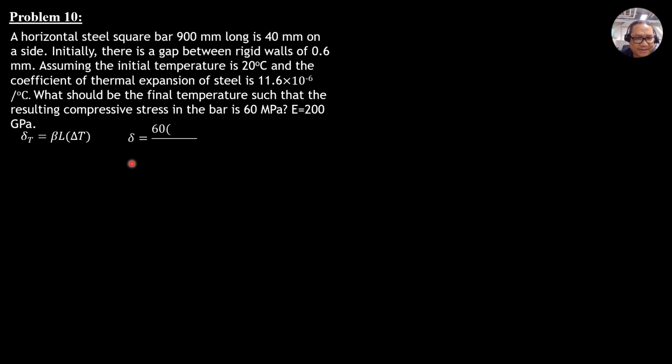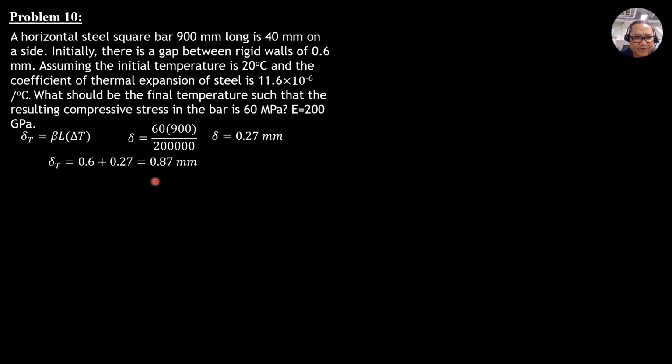So delta equals stress times length of the bar divided by modulus of elasticity, or PL over AE, but P over A is stress. So that's the formula for the delta due to that compressive stress, and it is equal to 0.27 mm. Therefore, the thermal expansion should be 0.6 plus 0.27 mm. And we equate this to this formula to solve for delta T.